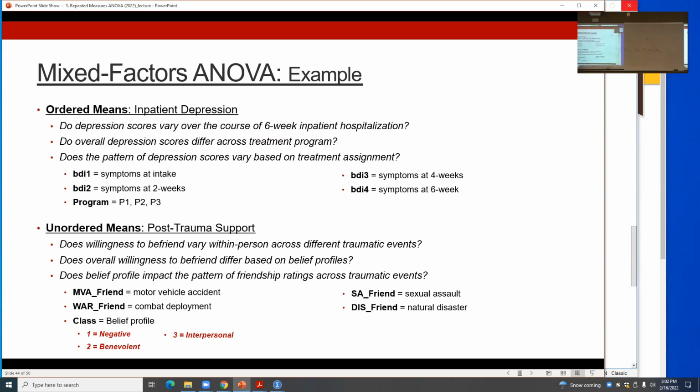Okay. Questions about the setup for this? I can't emphasize enough how important it is, before you dive into these analyses, to have a very clear understanding of what your repeated measure is, what your between subjects factors are, and the whole overall design. It's easy to get turned around, thinking about collapsing across what, collapsing across where.